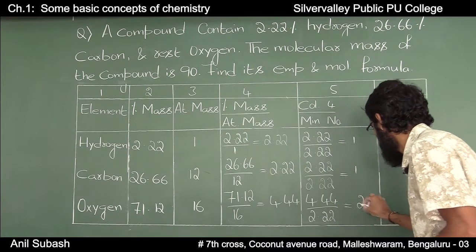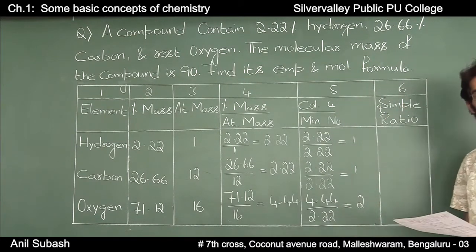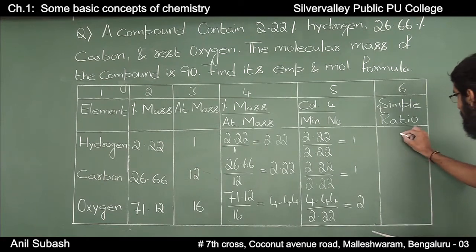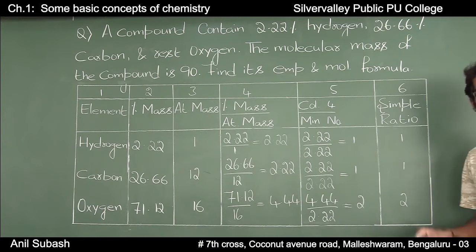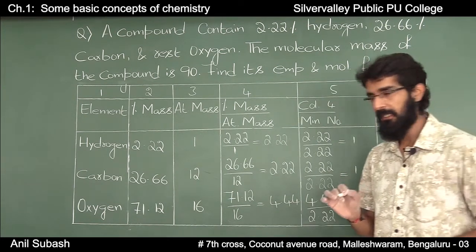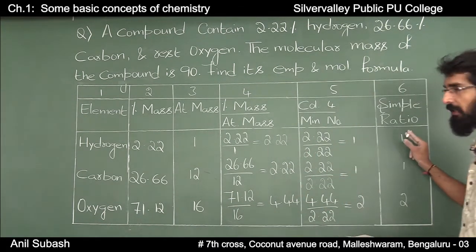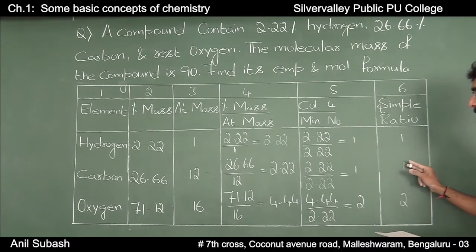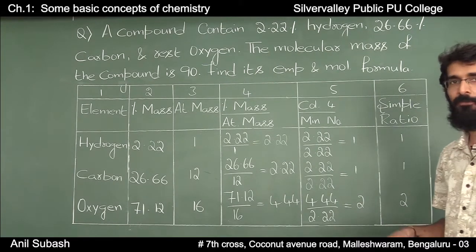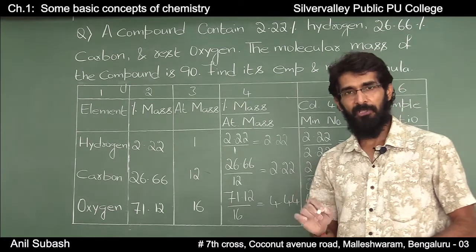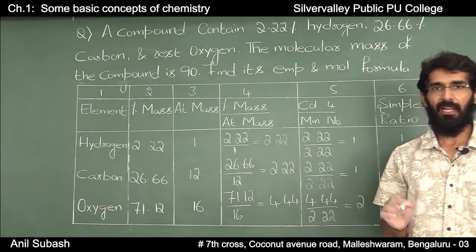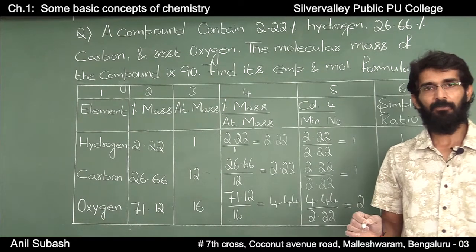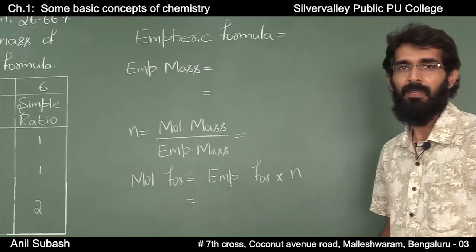That will be equal to 2, and the simple ratio will be 1, 1 and 2. That is, this compound contains 1 atom of hydrogen, 1 atom of carbon, and 2 atoms of oxygen. Based on this, we will calculate the empirical formula and the molecular formula.